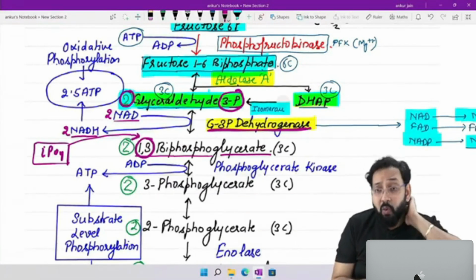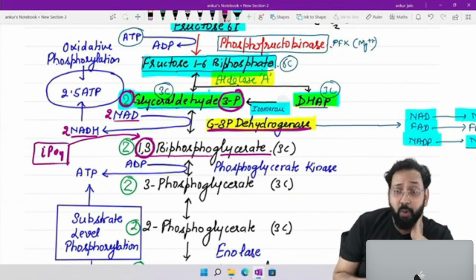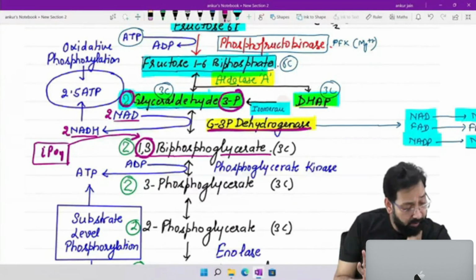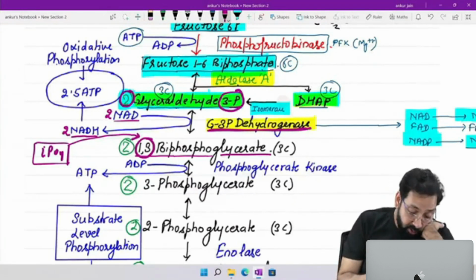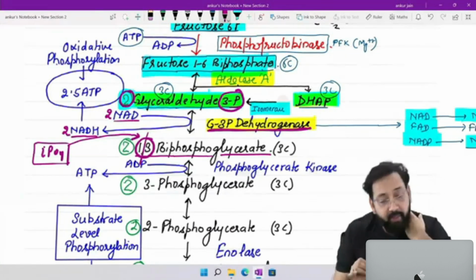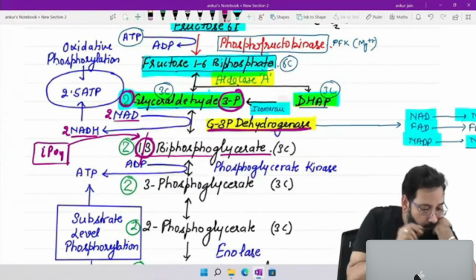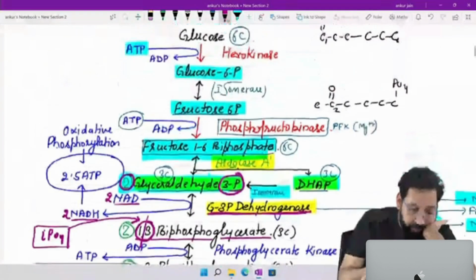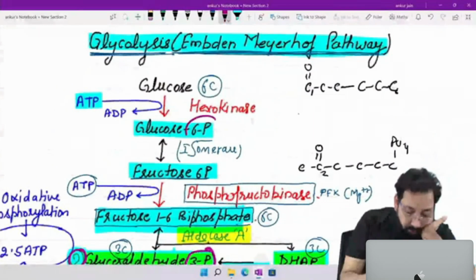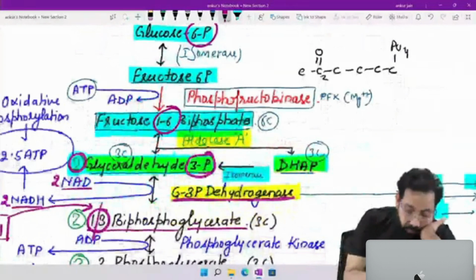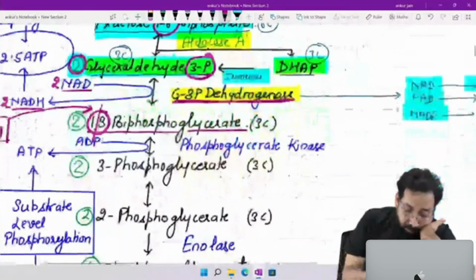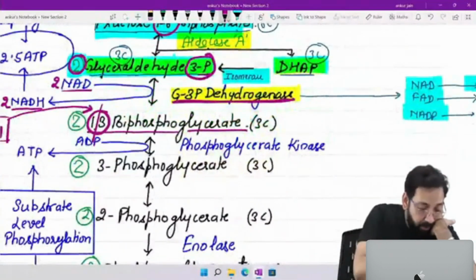This is the only reaction in which inorganic phosphate joins the substrate like this. Clear? The question was whether this second phosphate comes from ATP or inorganic phosphate. Most of the time you have seen phosphate come from ATP, but here it comes from inorganic phosphate.